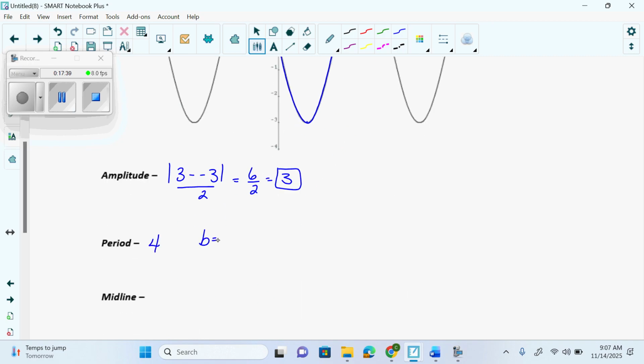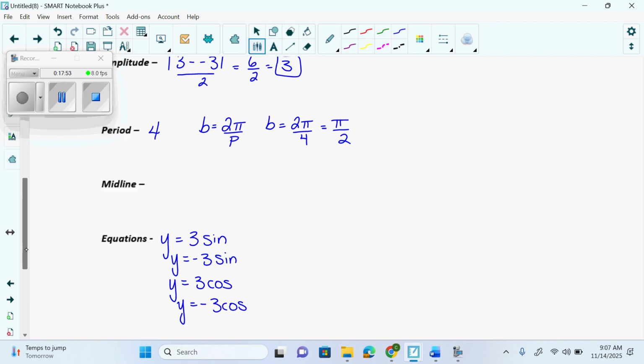So B equals 2 pi divided by the period. So B is 2 pi divided by 4, pi over 2. All right. So our B is pi over 2.